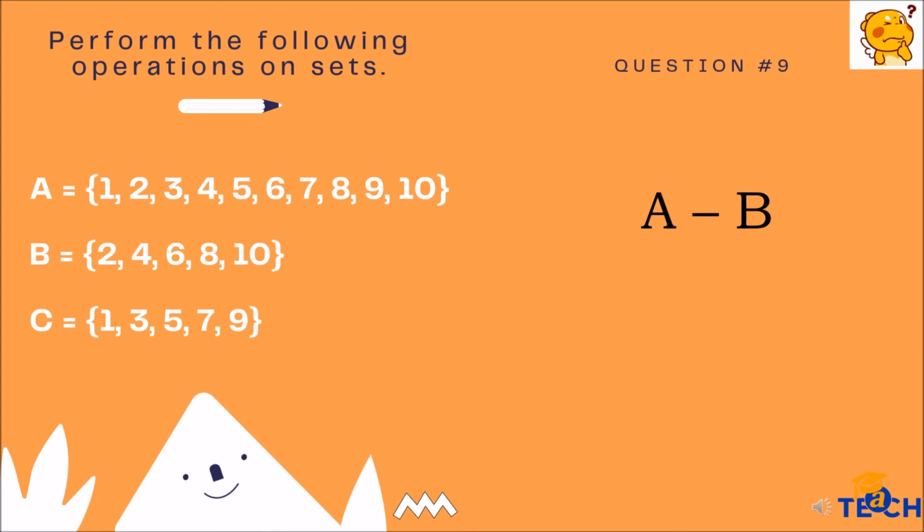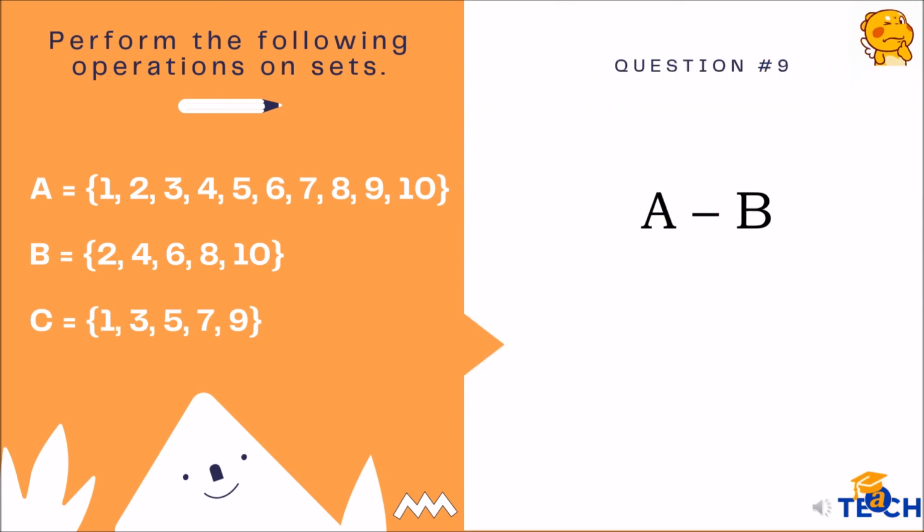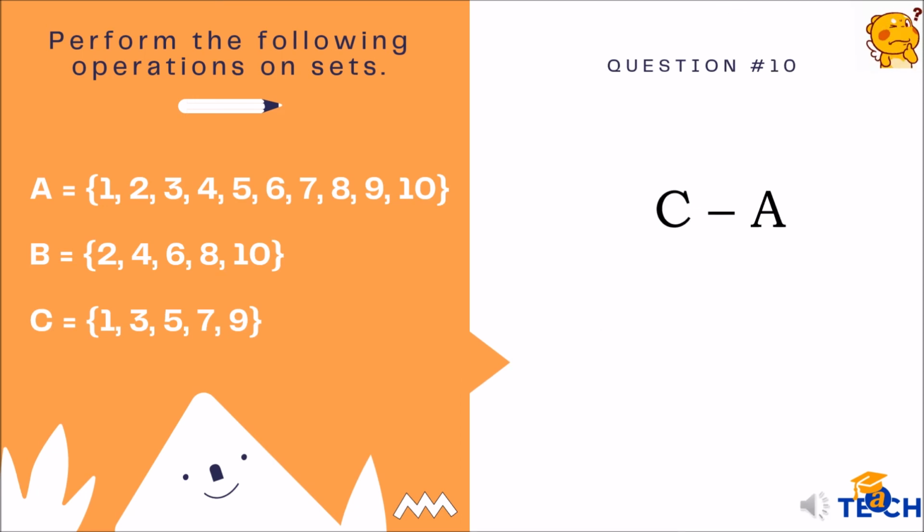Question number 9, we have what is the difference between set A and set B? Great! The difference between set A and B are numbers 1, 3, 5, 7, and 9. These are odd numbers and can only be found in set A. Finally, we're on question number 10.